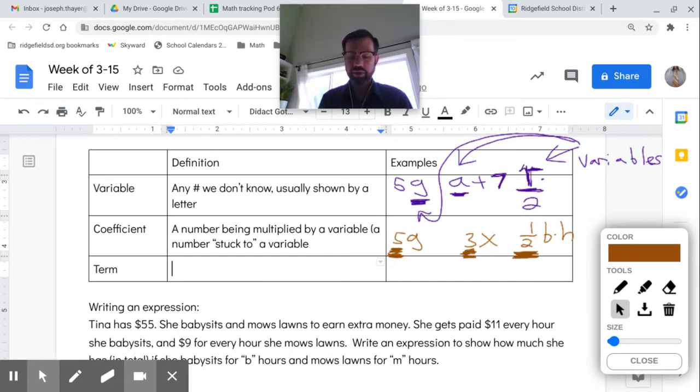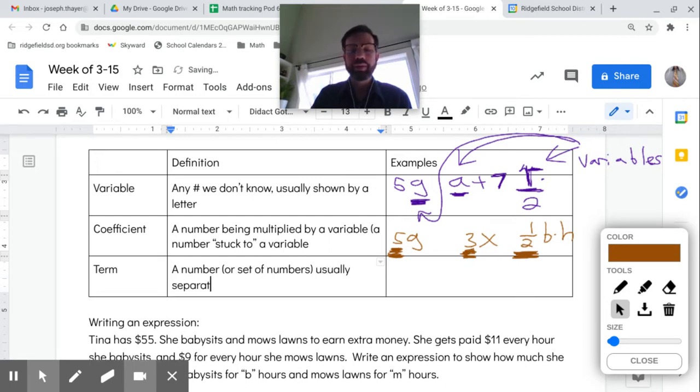And a term is a number or set of numbers usually separated by plus and minus.